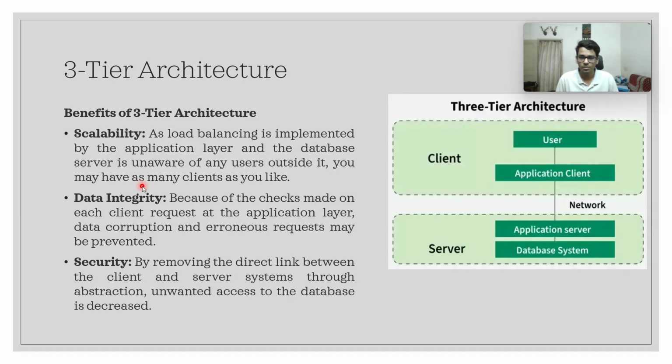Data integrity is maintained as checks are made on each client request at the application layer, thus preventing any data corruption or erroneous requests. And it is highly secure as the user is not aware of the database at the server, and the database is not aware of any end user, since the application layer comes in between, preventing a direct link between the client and the server.